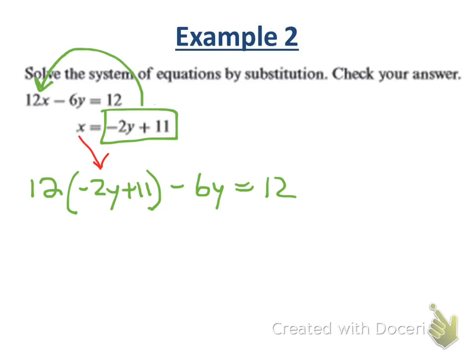Now that's not a difficult equation to solve. We need to distribute, simplify, and solve. We actually have all our variables on one side. So this will be negative 24y plus 132 minus 6y equals 12.